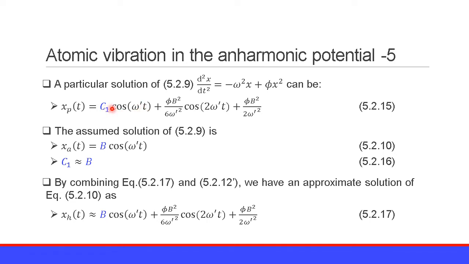The C1 was not determined in the previous argument, but the second term is the second harmonics term, cosine 2 omega prime t. Its factor is phi b squared over 6 omega prime squared, and we have a constant term phi b squared over 2 omega prime squared.